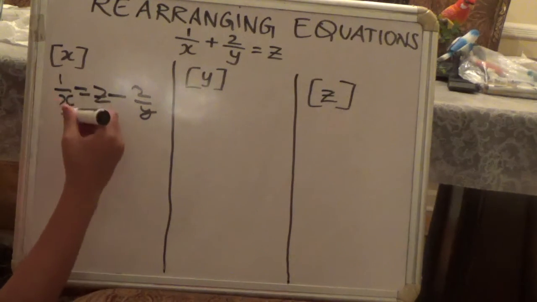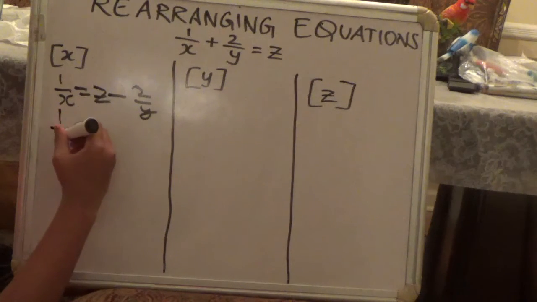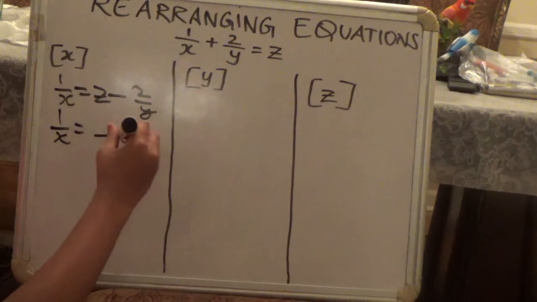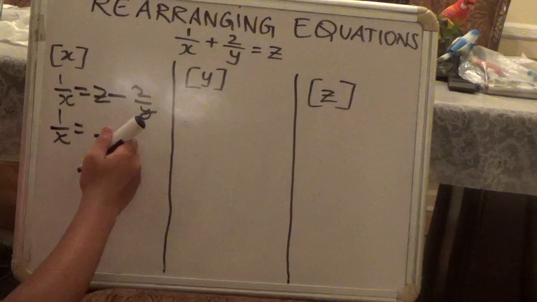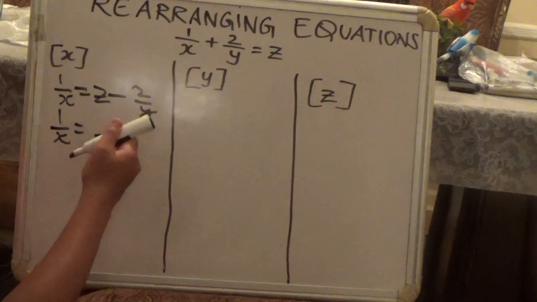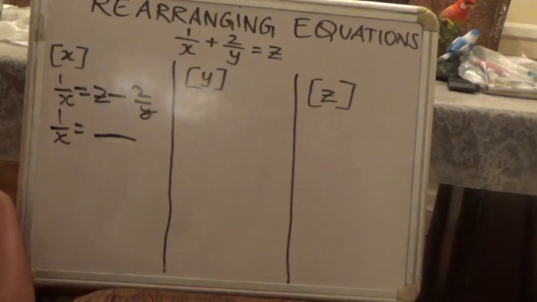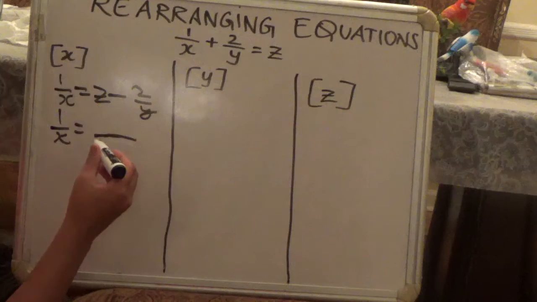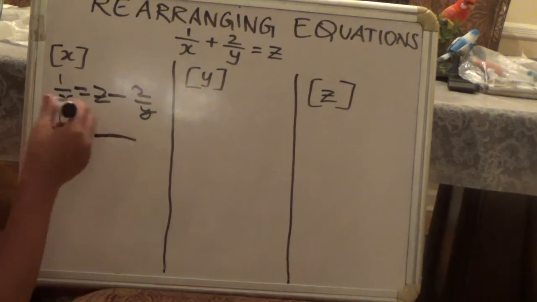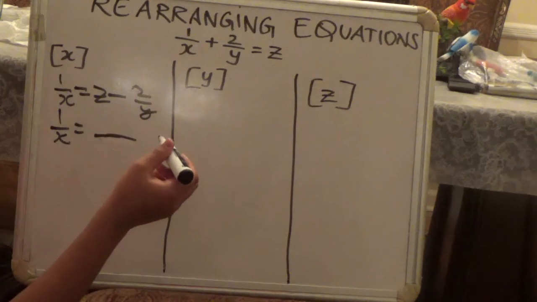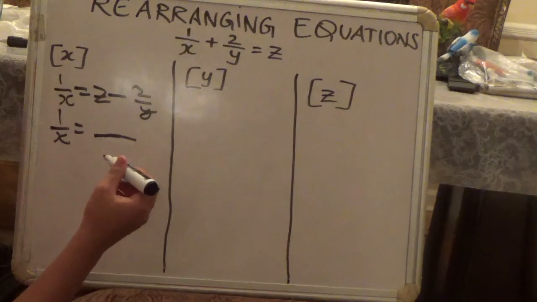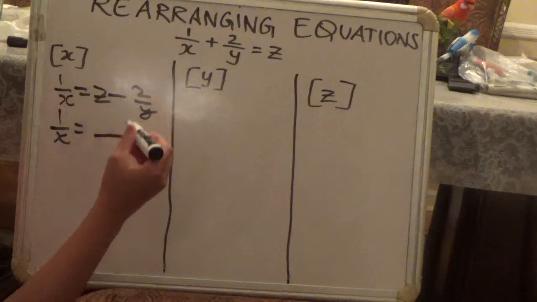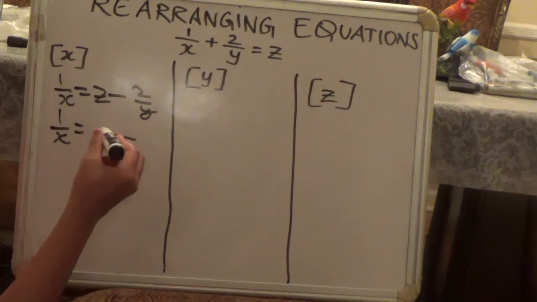Okay, so now 1 over x equals, you don't have to simplify 1 over x. However, we want to make sure that the denominator on the right hand side has to be the least common multiple so we can cross multiply. So the least common multiple in this case, let's think of z as z over 1.